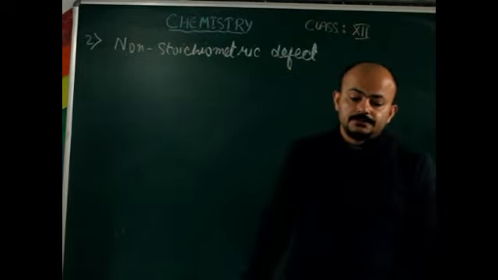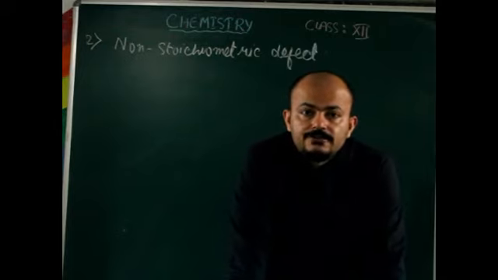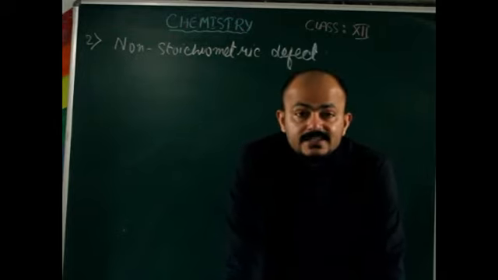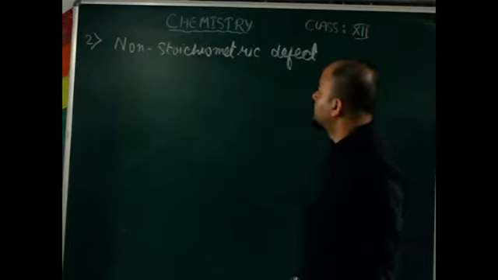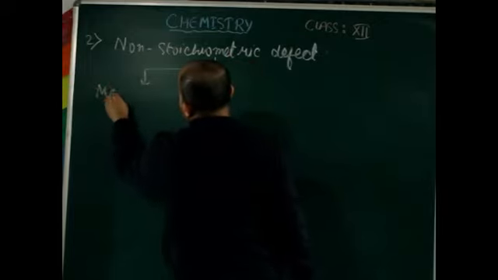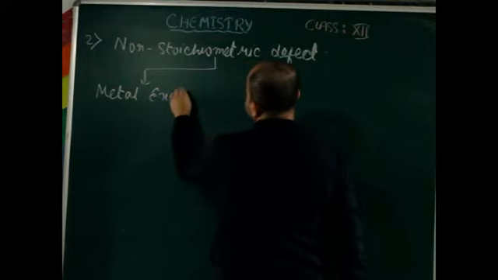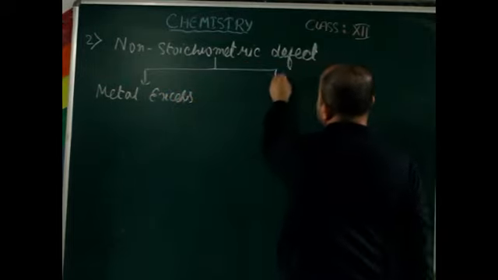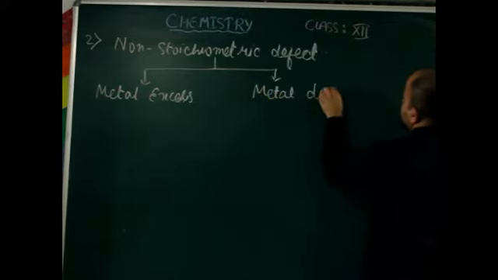Now, there are two types of non-stoichiometric defect. One is metal excess defect, and the other one is metal deficient defect. So it has two types: one is metal excess, the other one is metal deficient.